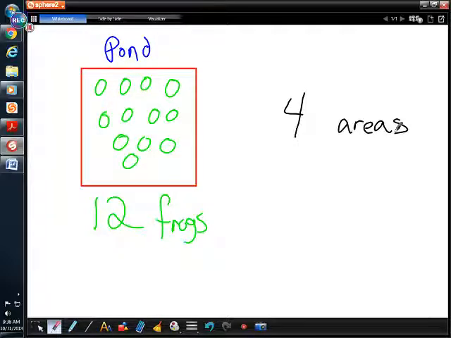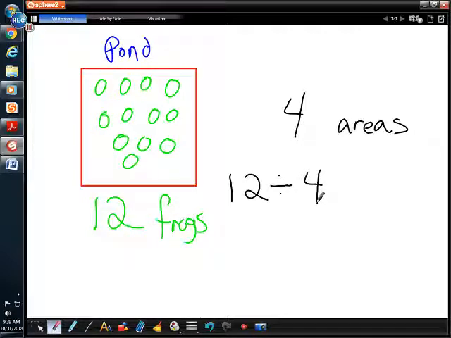And all these frogs can't all go to the one place. So we're going to have to divide these frogs up into these 4 areas of the pond. So what we can do is think about our math problem. Our math problem is going to be 12 frogs, and we're going to put those frogs into 4 separate areas of the pond so that they can all eat without arguing and getting mad at each other.